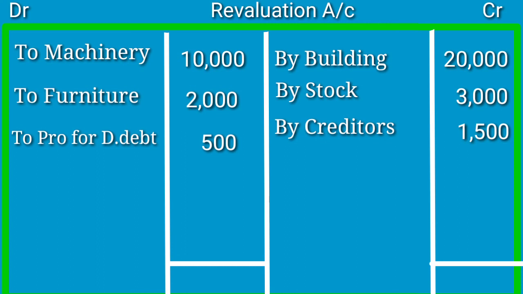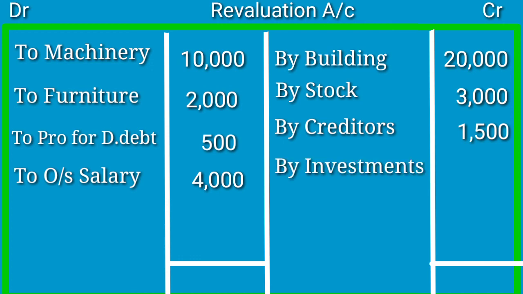Next, unrecorded liability. When liability is increasing, we have the loss, so we record on the debit side, to outstanding salary 4,000. And the last one, the unrecorded asset. When asset is increasing, we get the profit, so we record on the credit side, by investment 6,000.